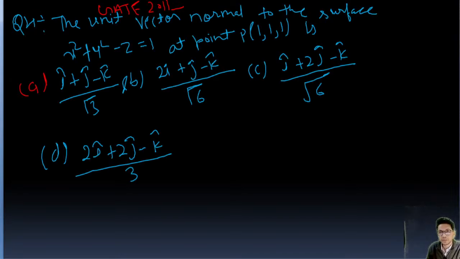So we have been given the equation of the surface. This is phi equal to x square plus y square minus z minus 1.